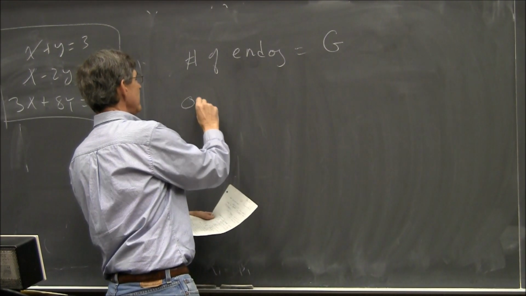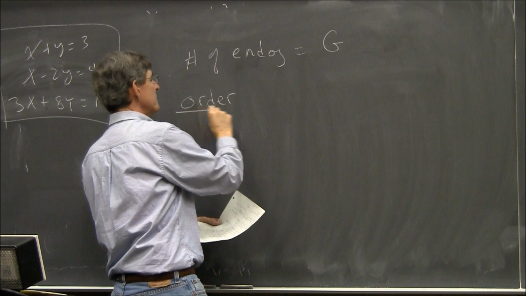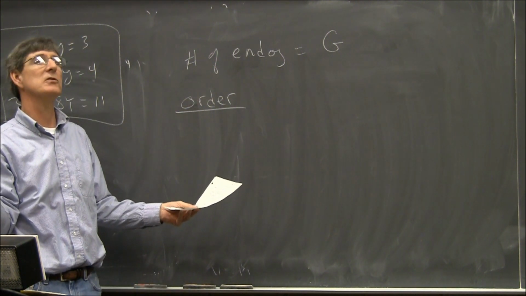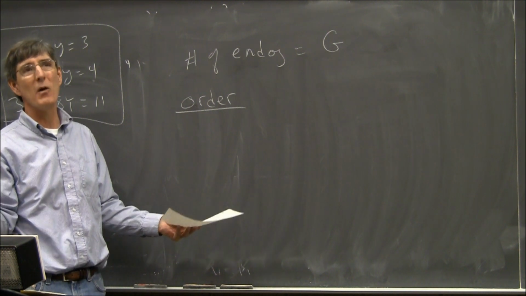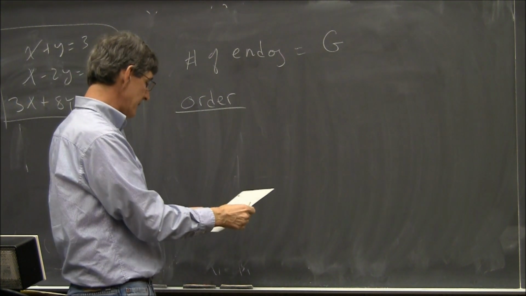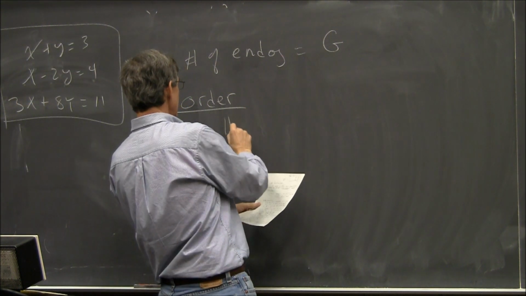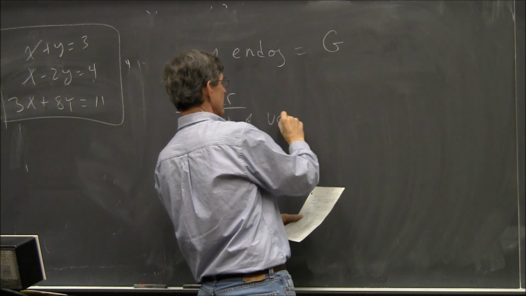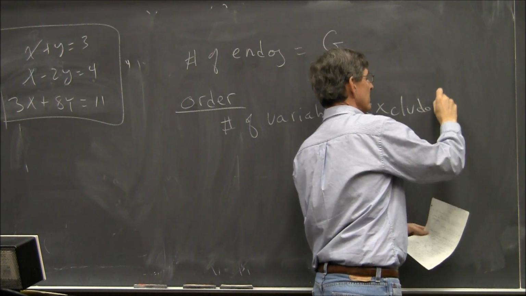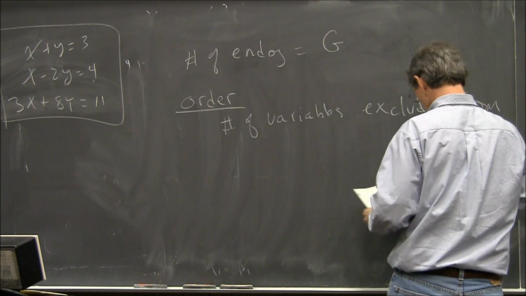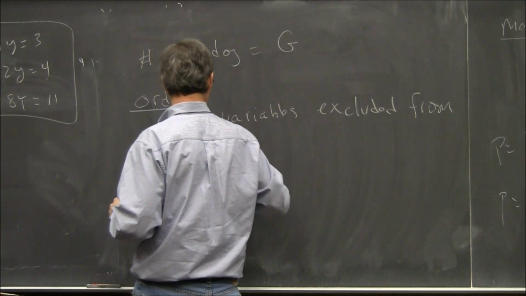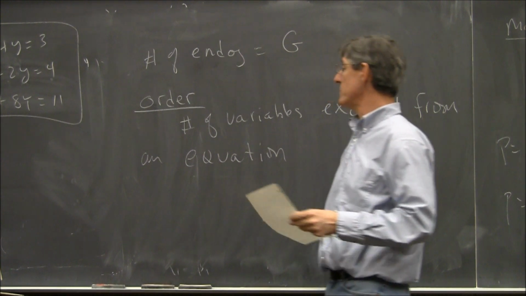So the order condition is necessary but not sufficient. If this is not true, it's not identified. If it is true, things could still go wrong, but most of the time it will be what it says it is. But it's only a necessary condition. The number of variables excluded from an equation, and we're talking about the structural equations here, not the reduced form.